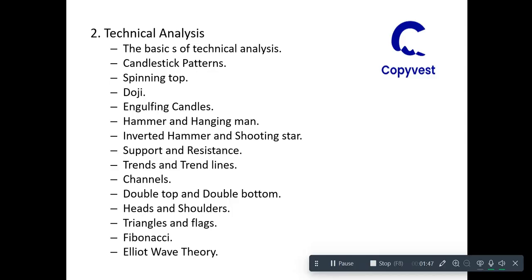Support and resistance levels, we also touched it at the beginning of technical analysis. We are going to start with trends and trend lines. We discussed a little bit about trends, and we will talk about trend lines in this course. We are going to also look at channels, double tops and bottoms, head and shoulders, triangles and flags, Fibonacci, Elliott wave, and so on and so forth.